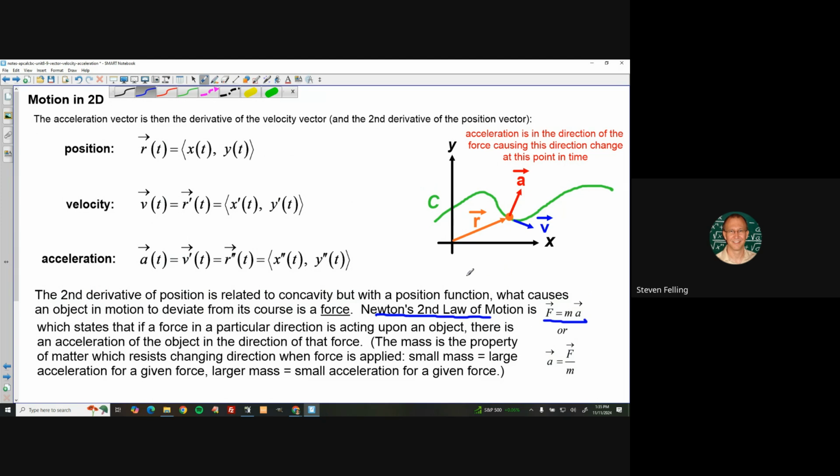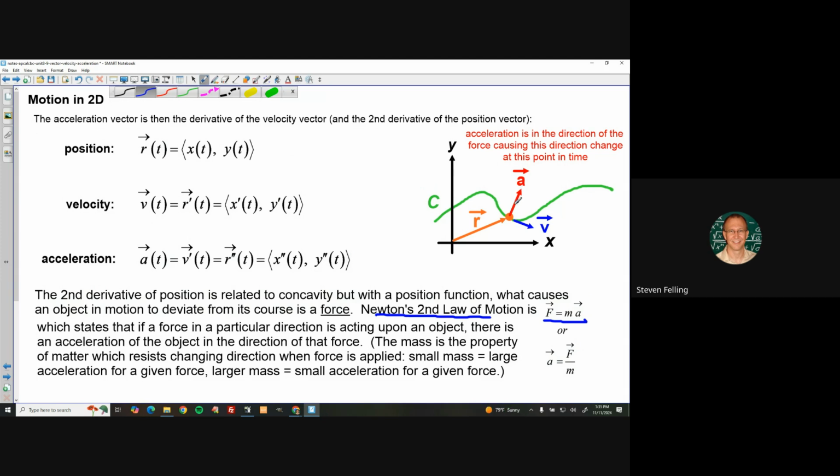That means if you take a position vector, this r, and you take its derivative and you find the velocity vector at any point in time t, and you take the derivative of that to get acceleration, then if I am at some specific point here where the velocity is moving like here, the acceleration vector is pointing in the direction of the current force that's acting on the object, right?